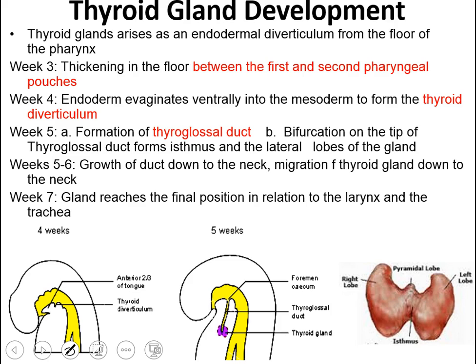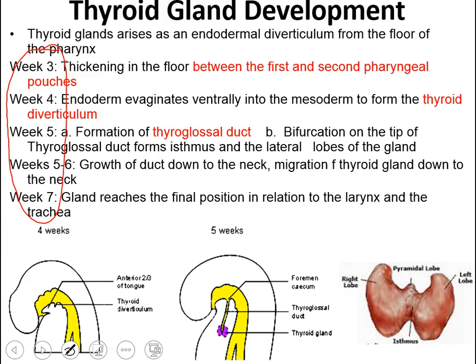Let's discuss now thyroid gland development. Let's review key points of thyroid gland development. Major events which lead to development of thyroid gland happen between week 3 and week 7.